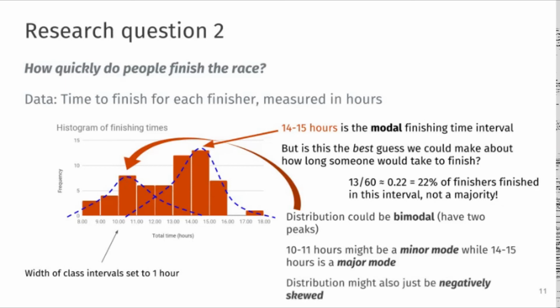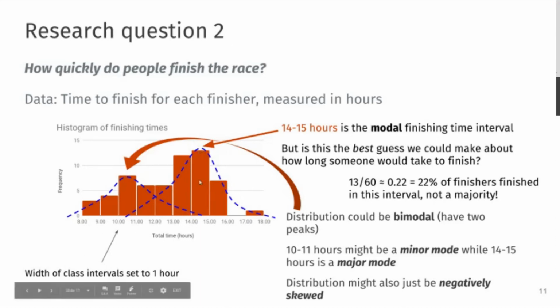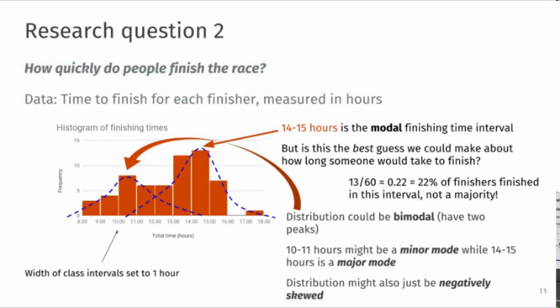Now, I will say this is not perfect. It's still a finite data set, so is it better to think of this as having two modes, or maybe it's just a very negatively skewed distribution? This one I leave up to you to figure out which seems like the better description. A negatively skewed distribution seems plausible.